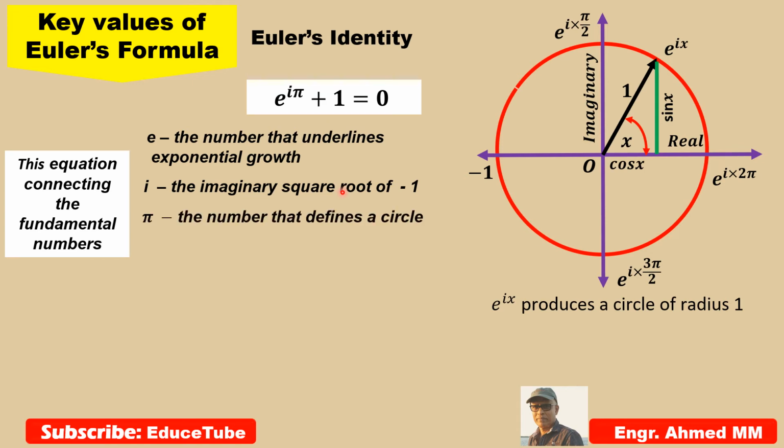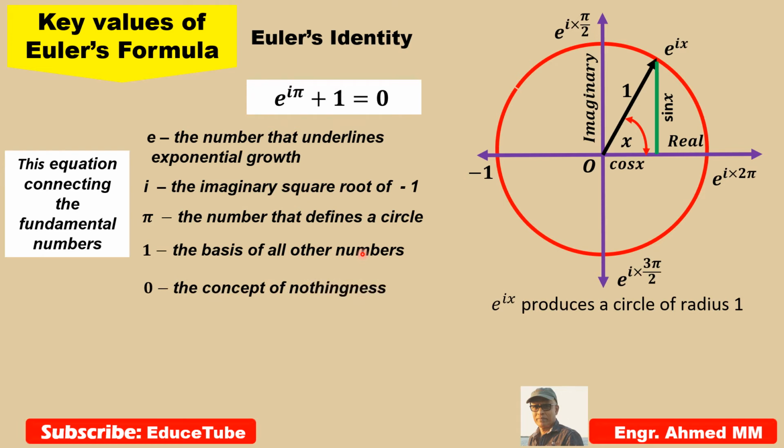Or π, the number that defines a circle, we know π equals 3.1416. Lot of numbers come. And this is the fundamental circle constant. 1, the basis of all other numbers. We can even call it the multiplicative identity. 0, the concept of nothingness.